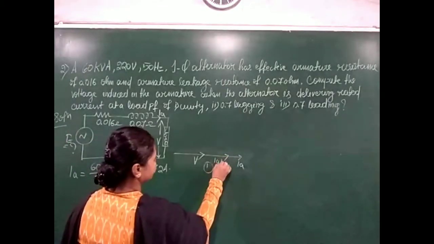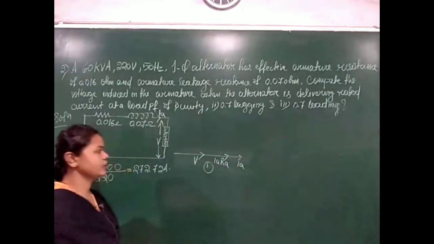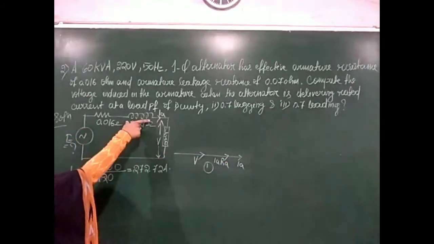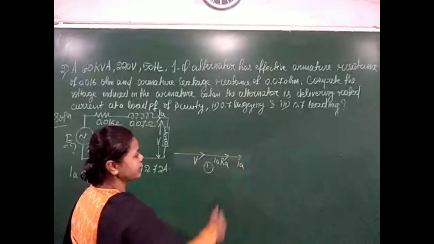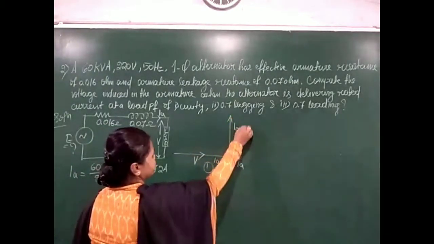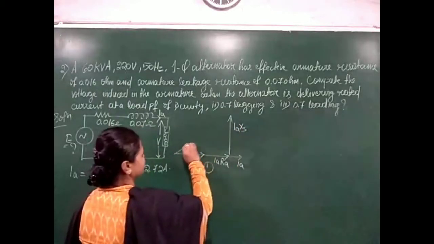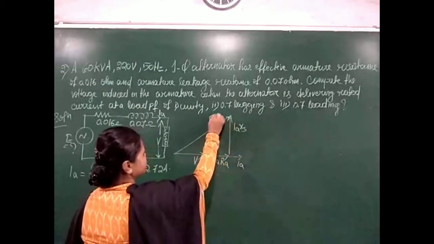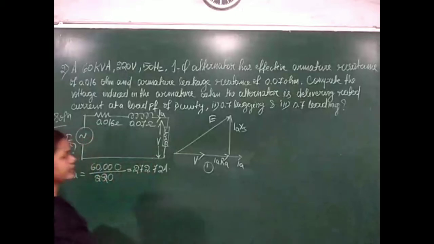It is IA RA. Drop due to leakage reactance leads the current IA by exactly 90 degrees. IA into XL. And their phasor sum gives the generated EMF of an alternator.